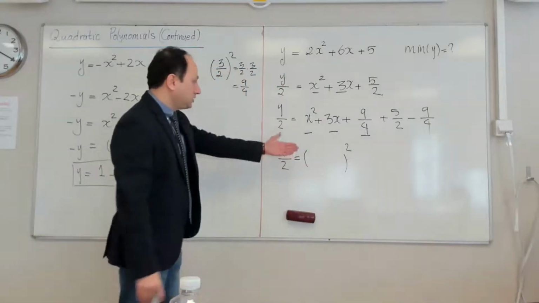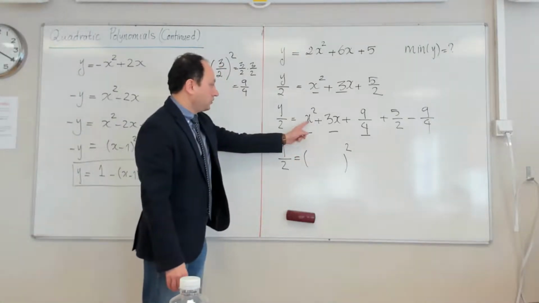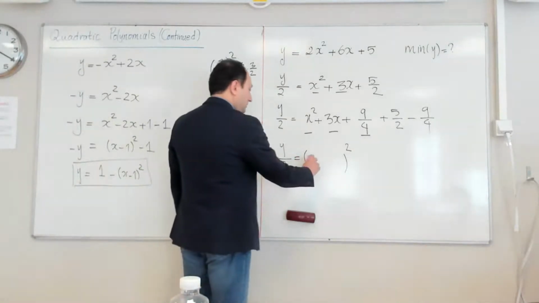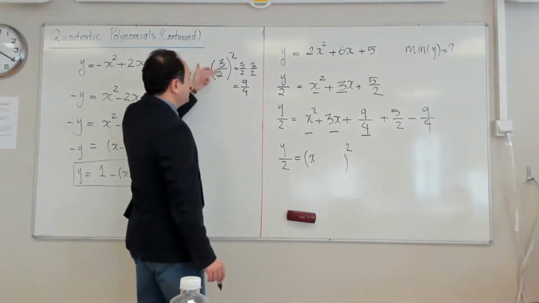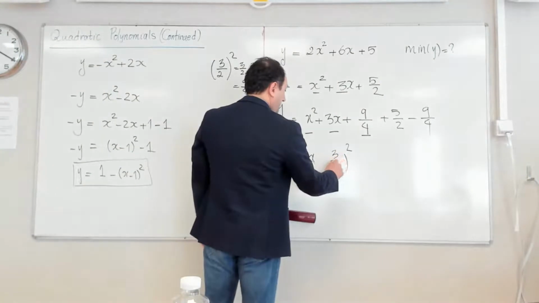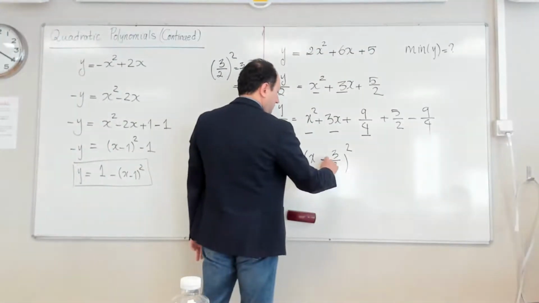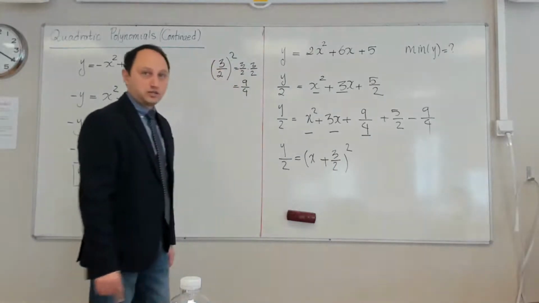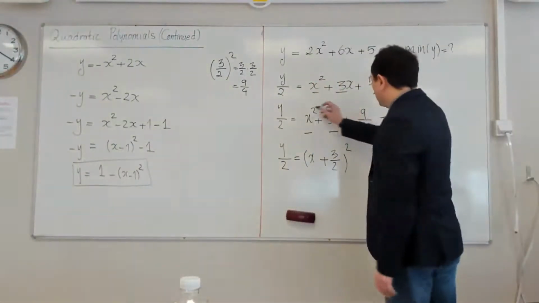And I think it's easy to guess. What is that one? What should I write? The square root of this one, x. The square root of this one, which is 3/2. Yes? And then positive or negative, because the middle term is positive, this is the positive version of the squaring pattern.